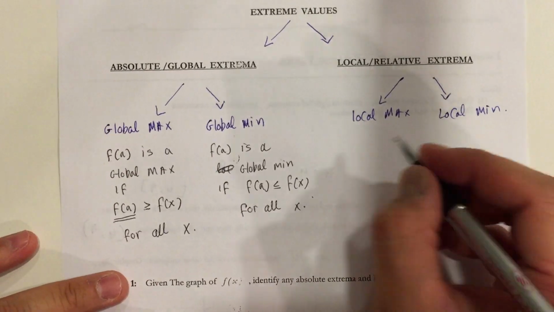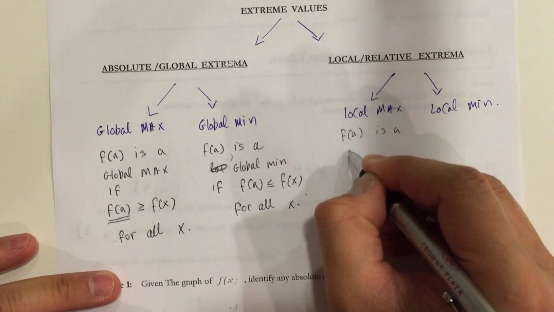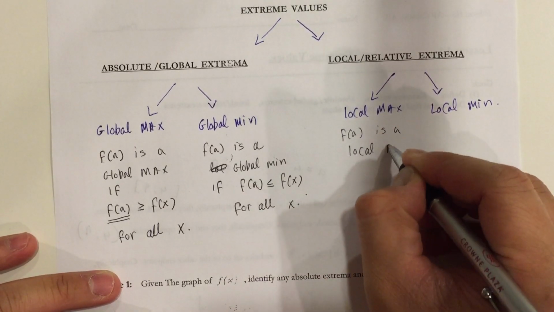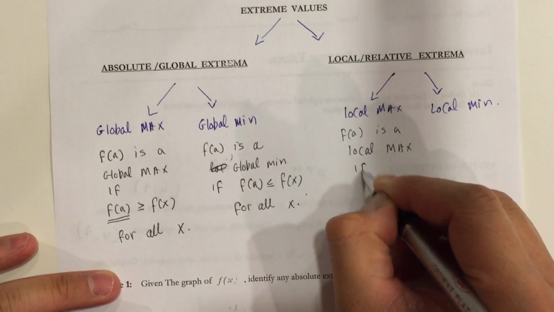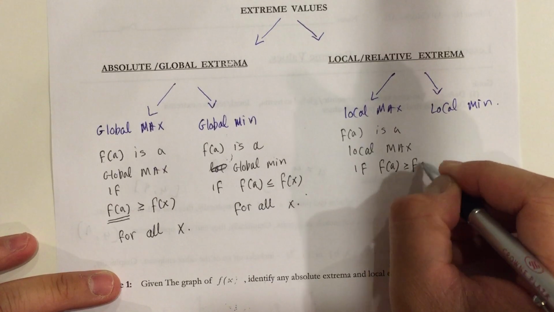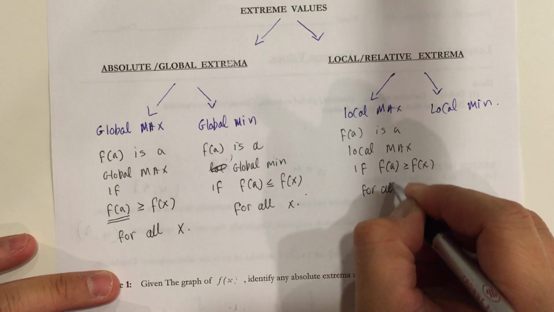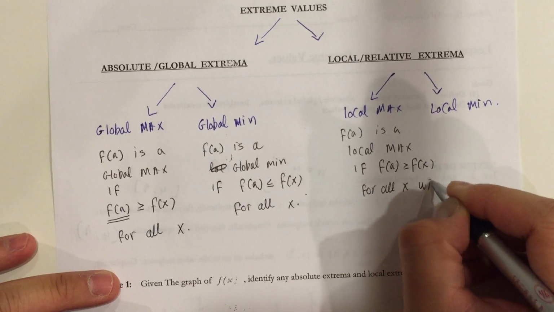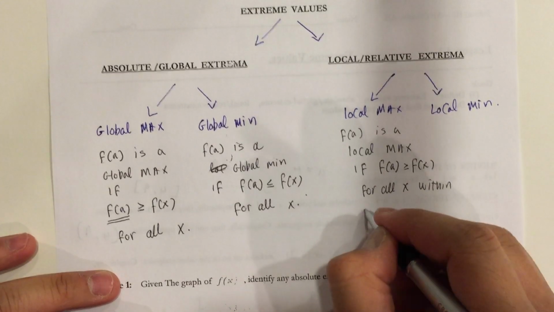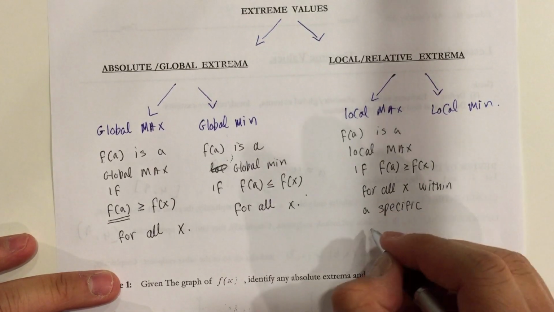What about local max? Well, f of A is a local max if f of A is larger than f of x for all x within a specific neighborhood.